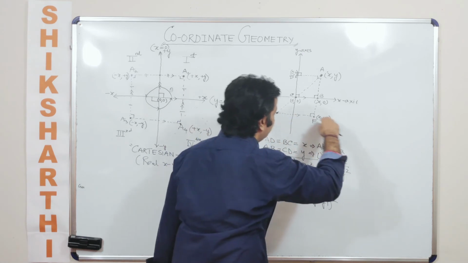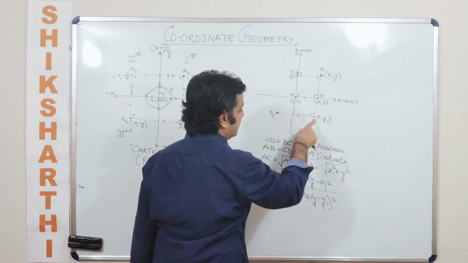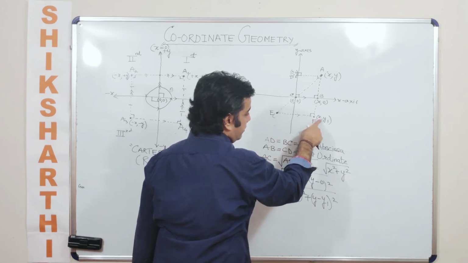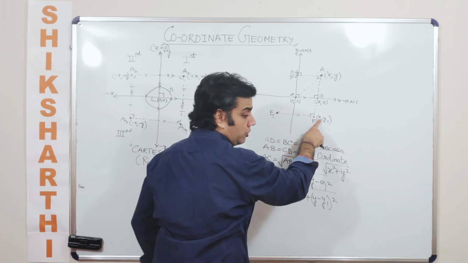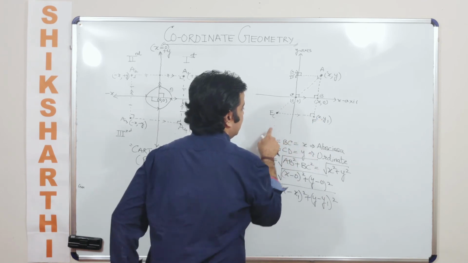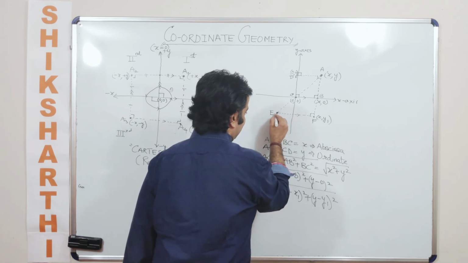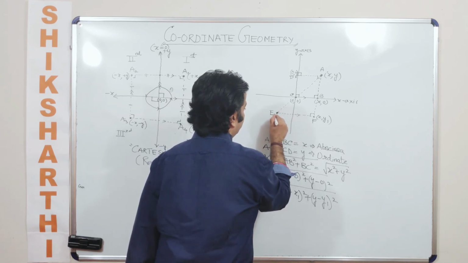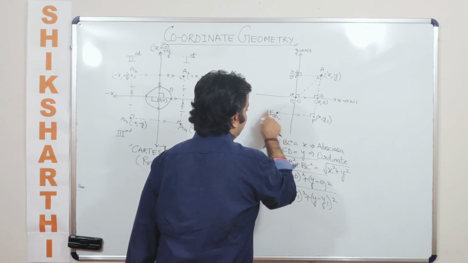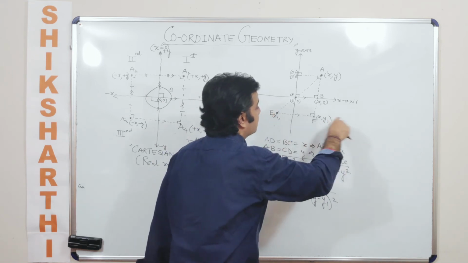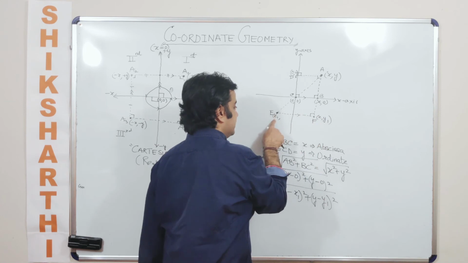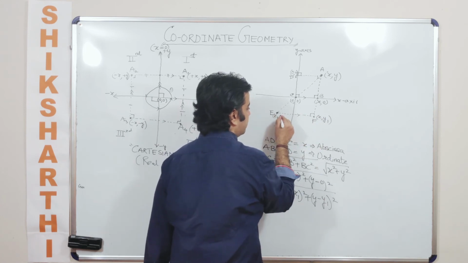So when I'm drawing a line parallel to the x-axis, and I know the abscissa of F was x, can I say the abscissa for E would be different? Yes. The abscissa for E would be, let's say, x1. But on this line, when I'm talking about a different abscissa, the ordinate remains the same.